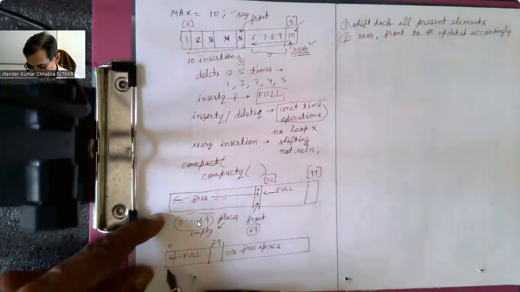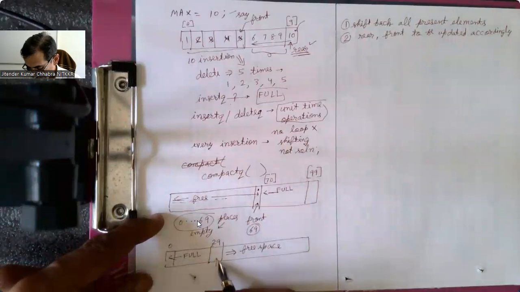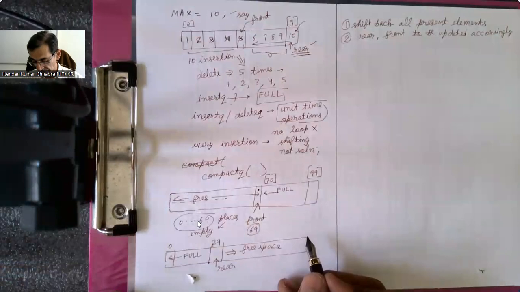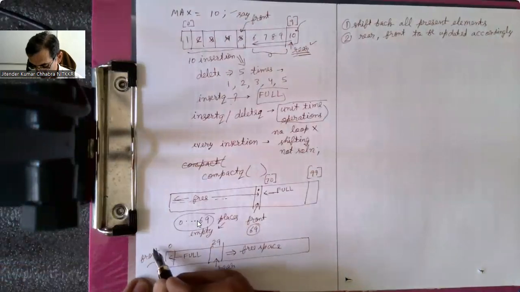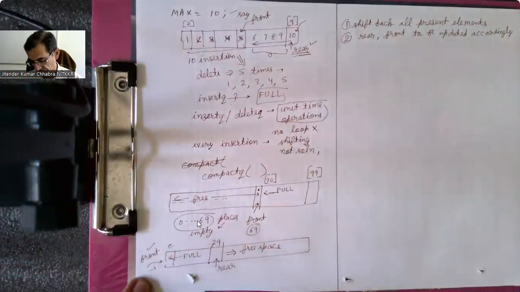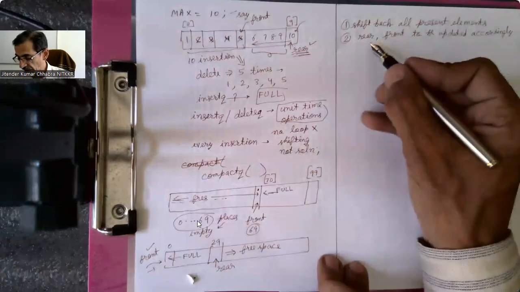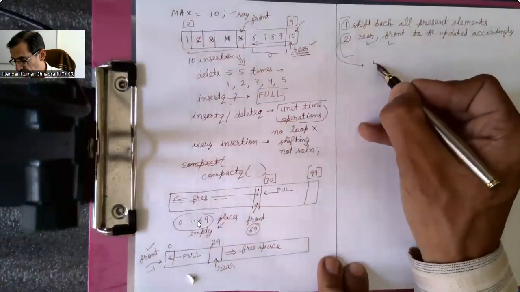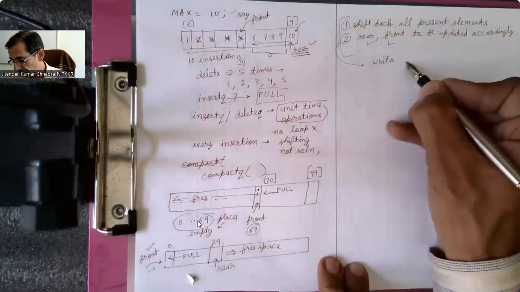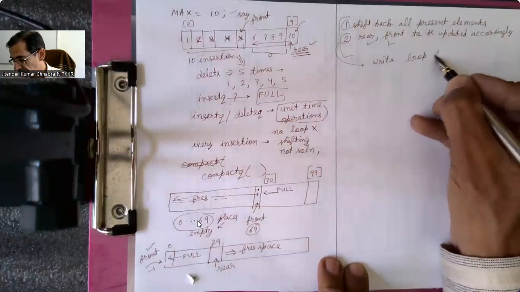That will mean my rear should now be 29, not 99, and maybe front to be -1 again, so that deletion and insertion in future become without difficulty. So I should be able to do this. Hence, you can easily write your loop and code to do compaction.